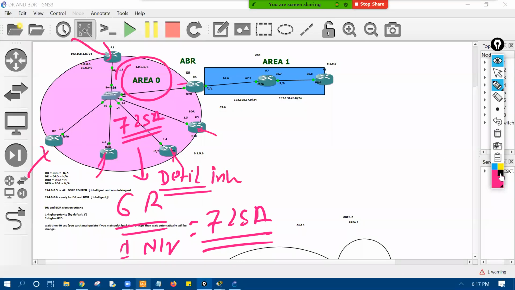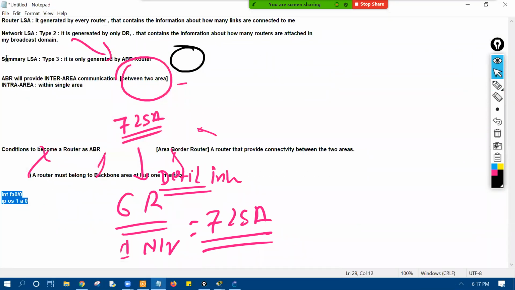What is R6 going to do? R6 is my ABR router, and ABR is a router that is going to generate the summary LSA. This summary LSA contains the information about network ID.